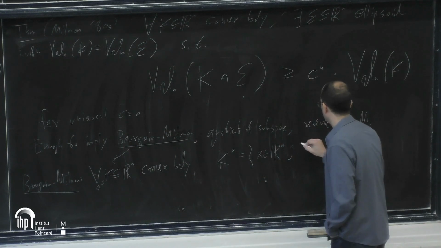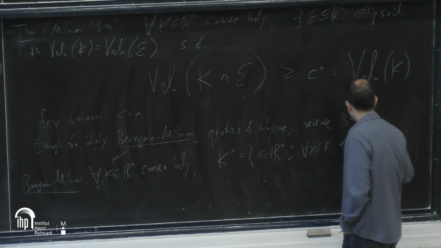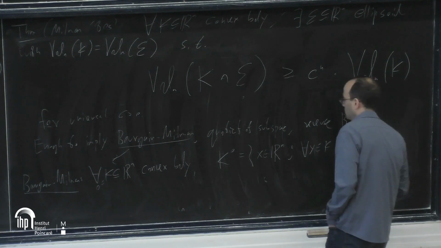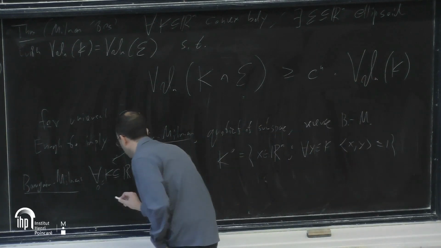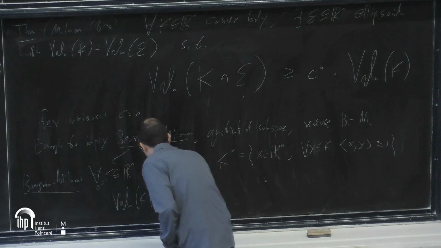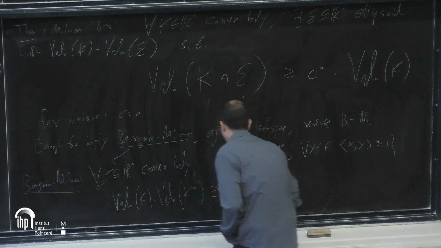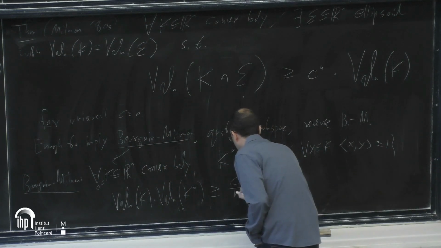The polar is the set of all points where the scalar product is at most 1. And the Bourgain-Milman inequality states that the volume of K times the volume of the polar is at least C over n to the n.